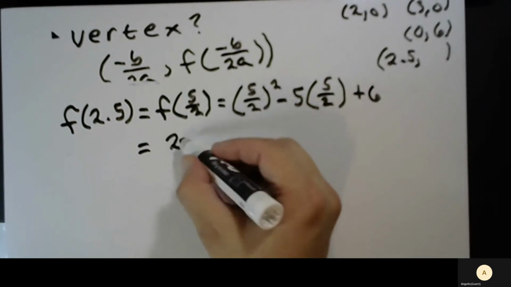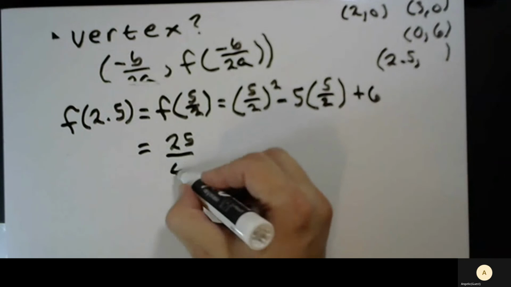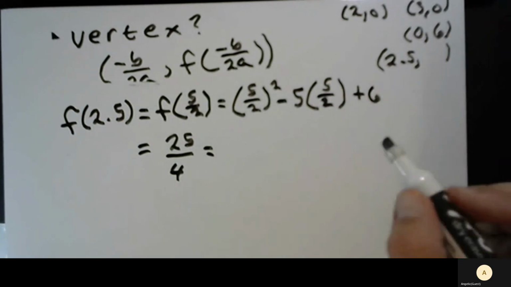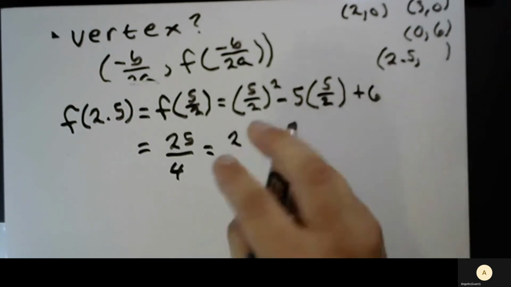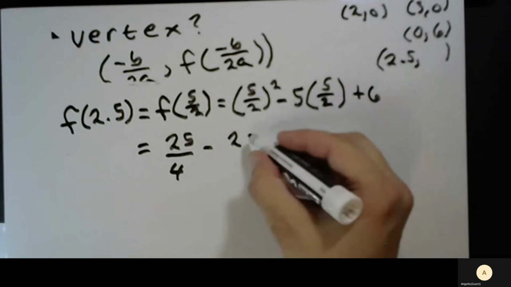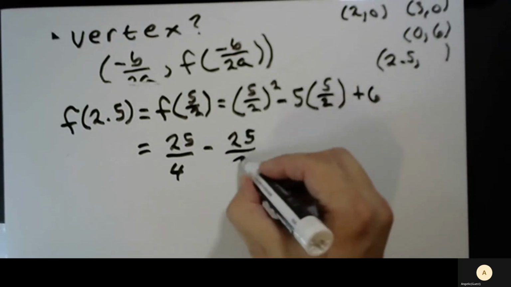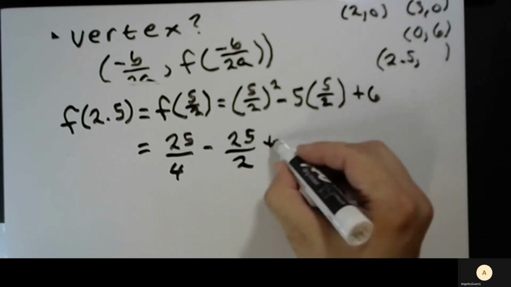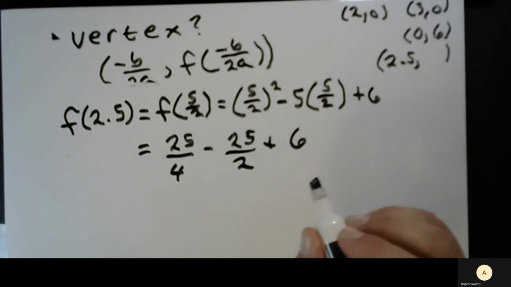This will be 25/4 minus 25 halves plus 6.